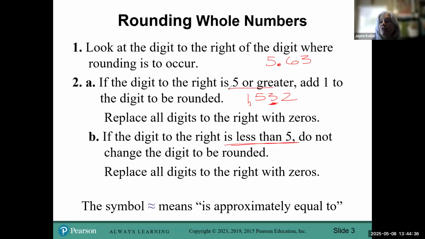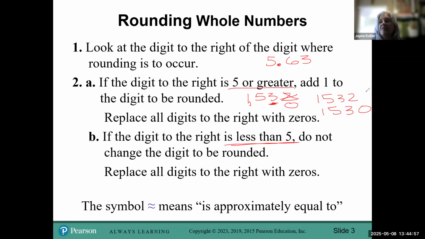If it's 5 or greater, I'm going to increase it, but it's less than 5. So I'm going to leave it alone, and then I'm going to get rid of this digit over here and make it a 0. So 1,532 becomes 1,530 if I round to the nearest tens place.